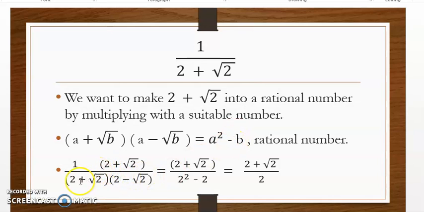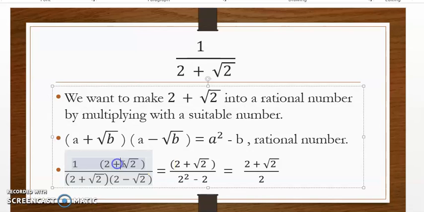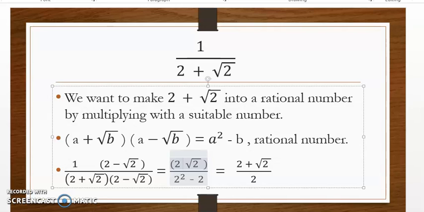Okay, so multiplying the numerator and denominator by 2 minus root 2. Sorry, that's a mistake there. It should be 2 minus root 2. Forgive me. Okay, so multiplying the numerator and the denominator by 2 minus root 2, the denominator becomes 2 square minus 2.